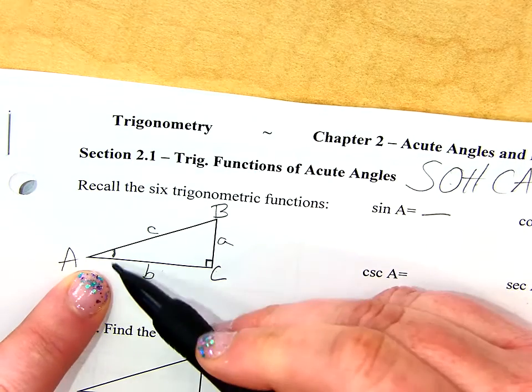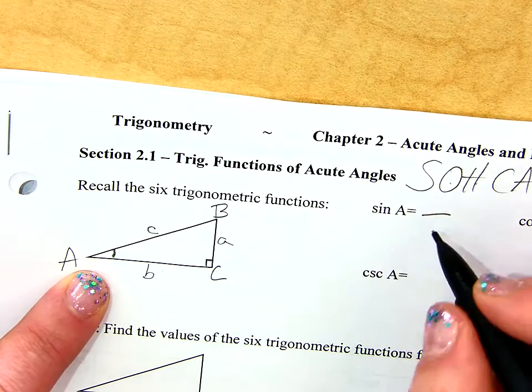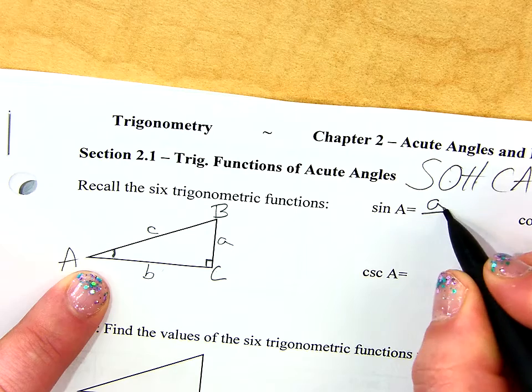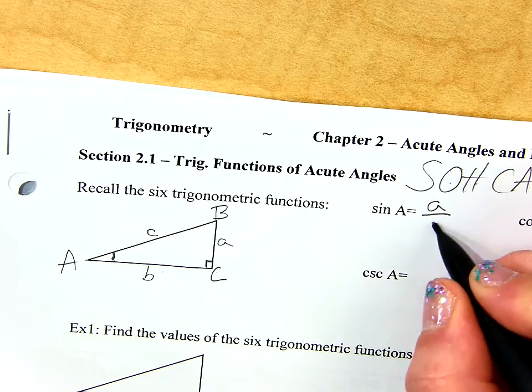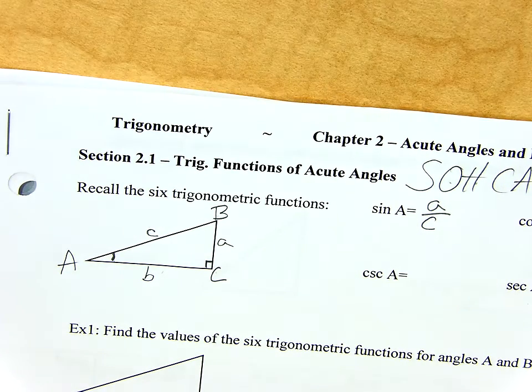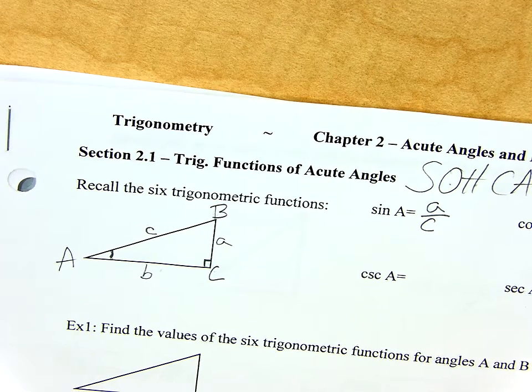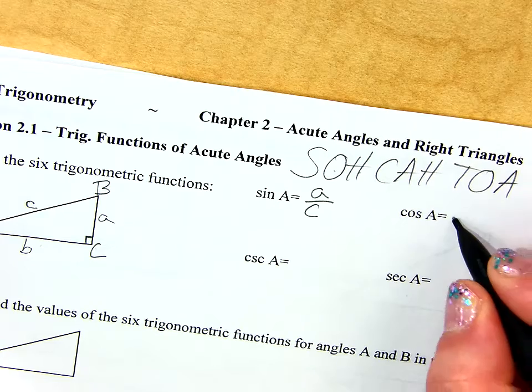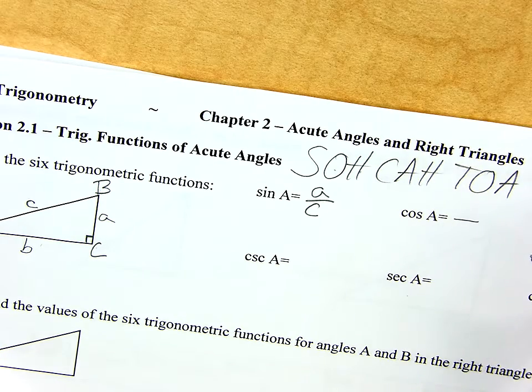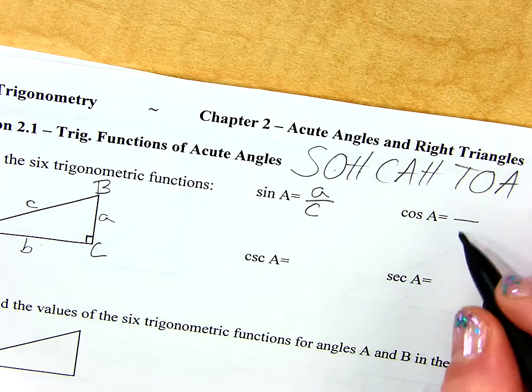So if I'm looking at angle A, opposite side would be lowercase a over the hypotenuse, c. Right? Old news? Try cosine, same thing. Still of A, that's adjacent over hypotenuse.